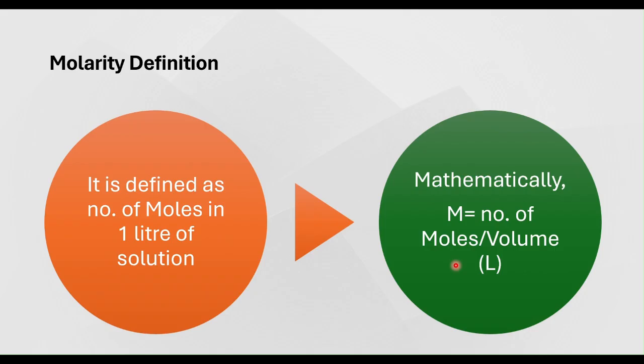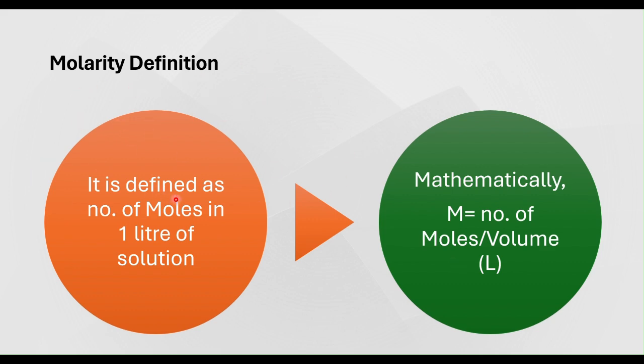Now how do you define molarity? Molarity is another concept related to mole, and it has very practical applications in day-to-day life in chemistry and in research. So how do you define molarity?